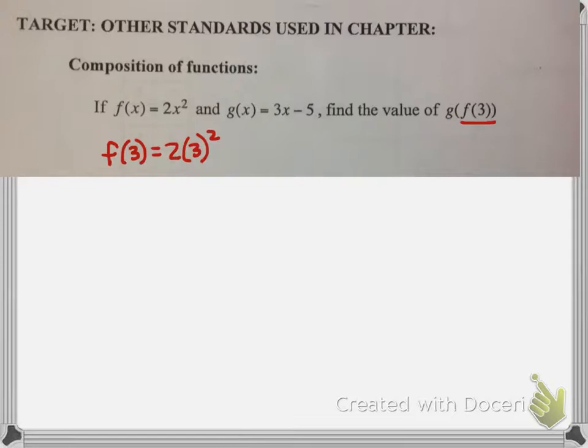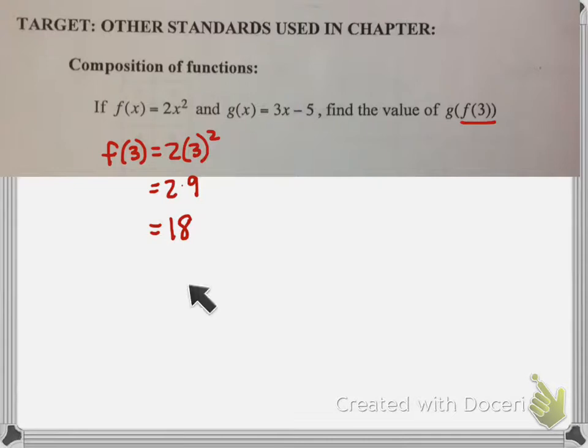Remember that, sort of like order of operations, we always want to start on the inside, and so we'll start with figuring out what that f at 3 is, meaning I want to plug 3 into my function f of x, and when I do that I end up with 2 times 3 squared. Exponents come before multiplying, so it turns into 2 times 9, and then our f at 3 is 18.